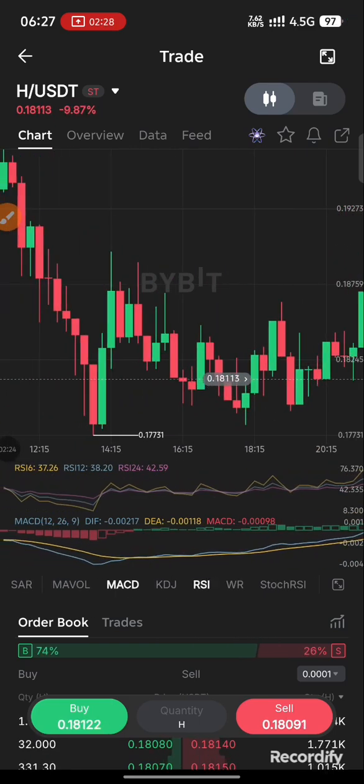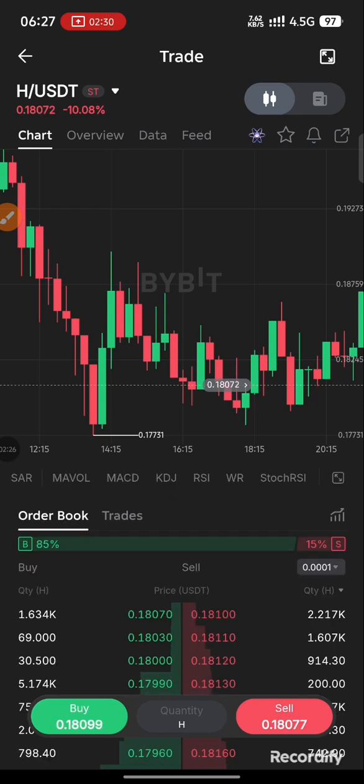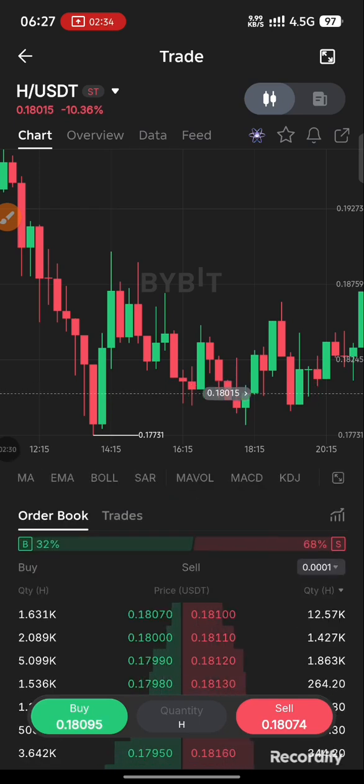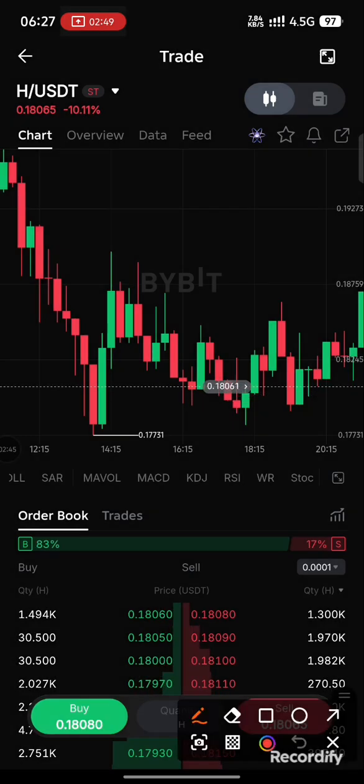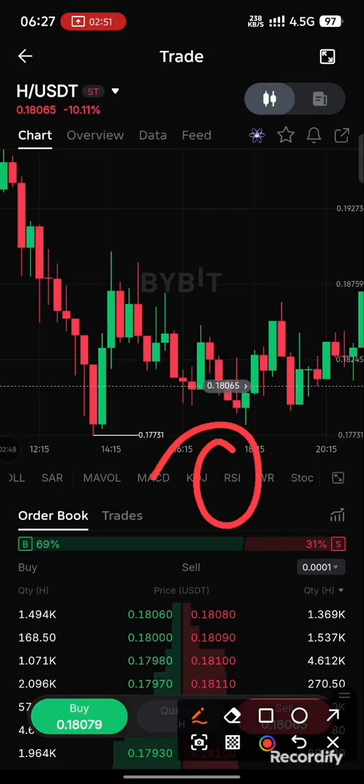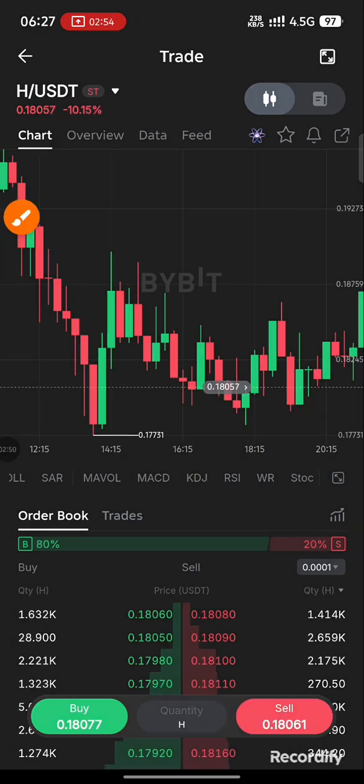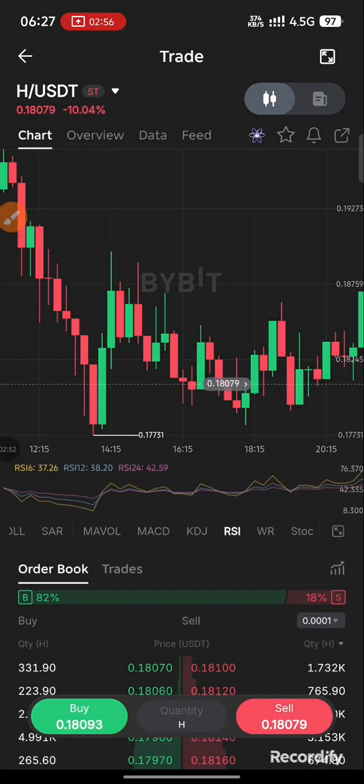Looking at it carefully, down here you're going to see some lines: MA, EMA, BOL, SAR, MAVO, MACD, KDJ, RSI, and a lot of them. But which ones do we want to look at? The RSI and the MACD lines. So we'll come to this place right here. This is the RSI, so we turn on the RSI to bring out the lines.